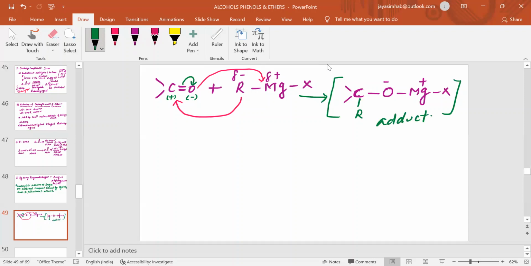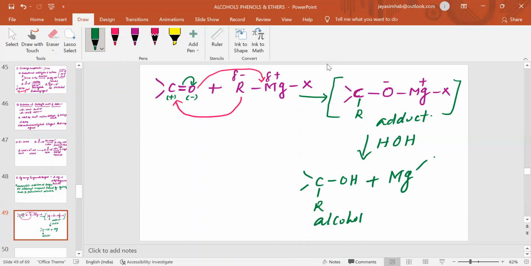This adduct will undergo hydrolysis in the presence of a water molecule, HOH we can write. One H will go and bind with the oxygen. OH will go and bind with the magnesium. So the final product will be like this: CROH, this is the alcohol, plus MgOH.